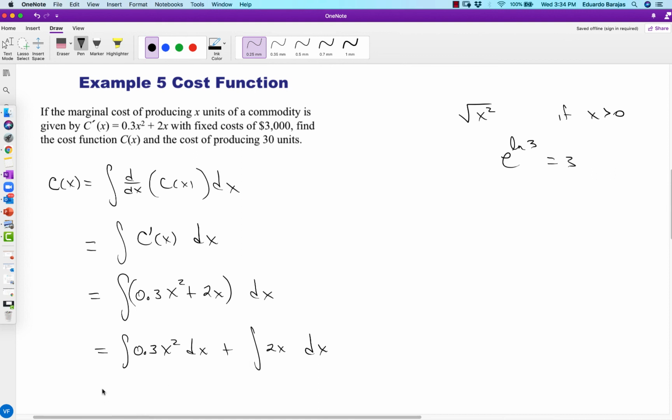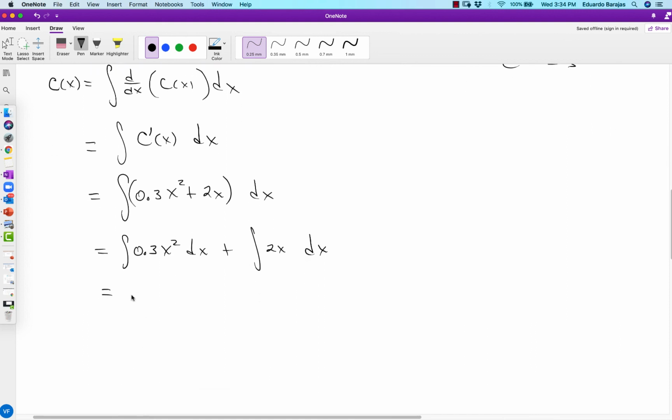And so following our pattern, this is just going to be equal to 0.3 times x to the power of 3, times 1 over 3. Right? The derivative of this, we bring down the 3, cancels with this one, subtract 1, we get to that. Plus, and then this one is going to be x to the power of 2. Bring down the 2, we get that exactly right there. Plus some constant c.